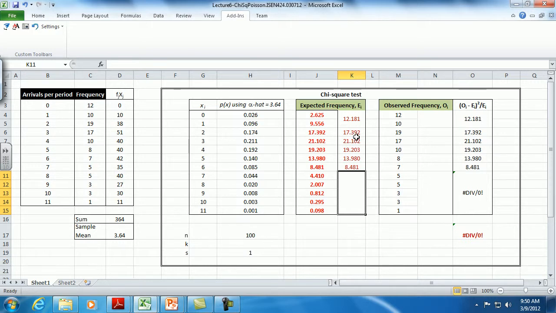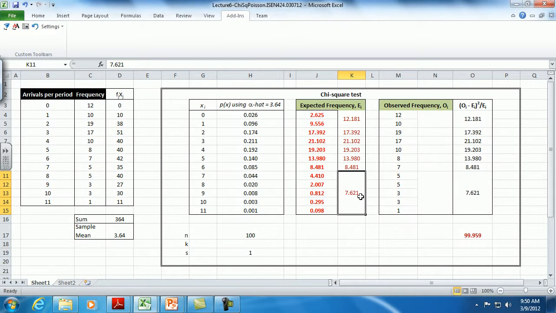So when you combine them all together, the value is 7.621. Okay? So now all of them satisfy the condition of having at least 5 observations per class interval. And we have 1, 2, 3, 4, 5, 6, 7 class intervals.